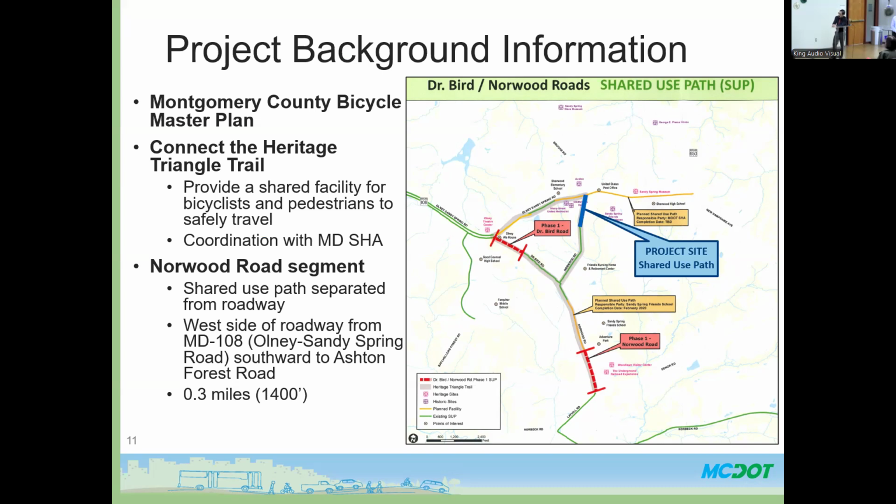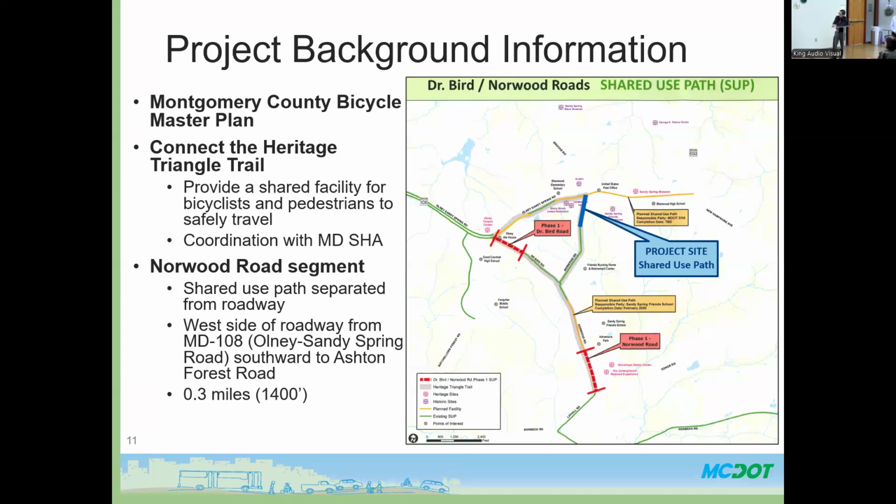So if you look at the green lines, those are the existing shared use paths within this triangle here. You can see that they're kind of segmented and not connected. That's what we're trying to do, is connect this triangle, so not only is it connected as a whole, but it's connected to other parts of the county.